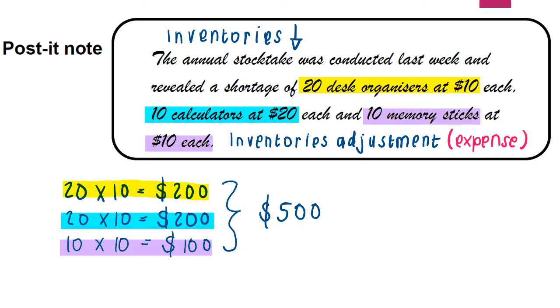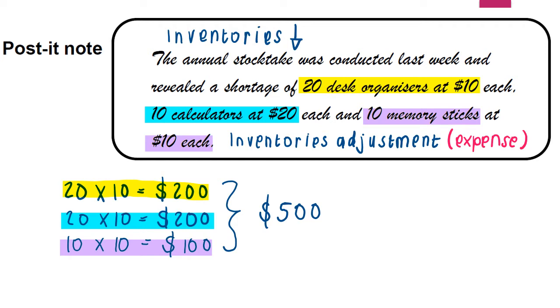If we look at the next one, this one is all about inventories, and this is normal at the end of the financial year. Most businesses do take a stock take. Here it says the annual stock take was conducted last week and revealed a shortage: 20 discs at $10, 10 calculators at $20, 10 memory sticks at $10 each. So I've highlighted the different items and calculated the amounts that were missing. So here we know inventories, the asset, should decrease.